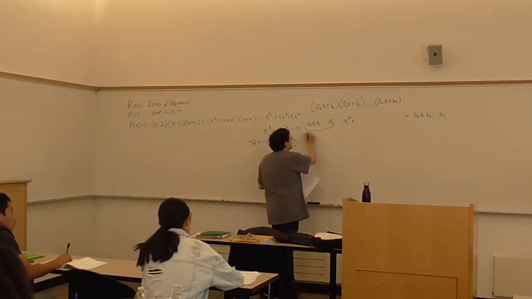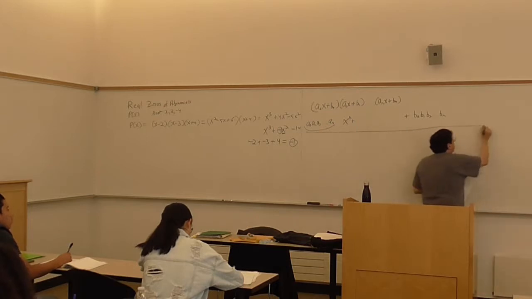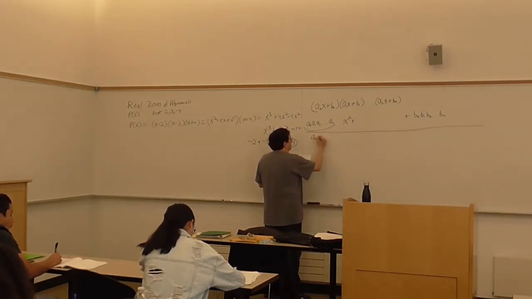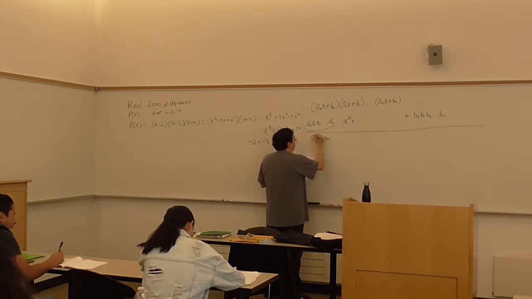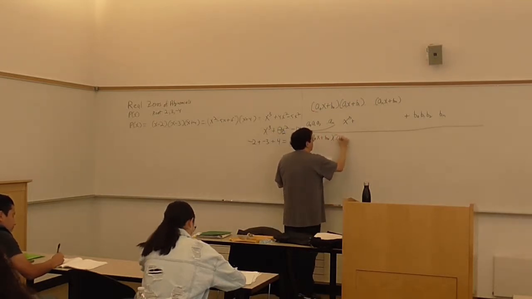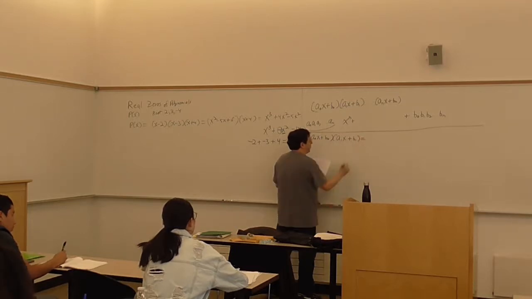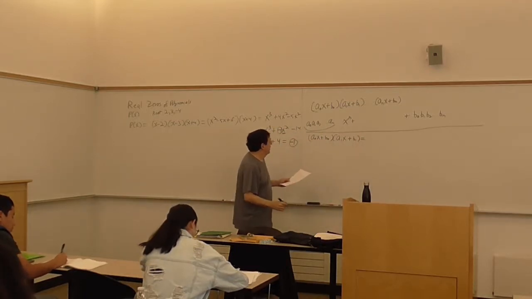I'd like to actually do an example here. Let's take A0x plus B0 and multiply it by A1x plus B1. So we're going to have to FOIL that.